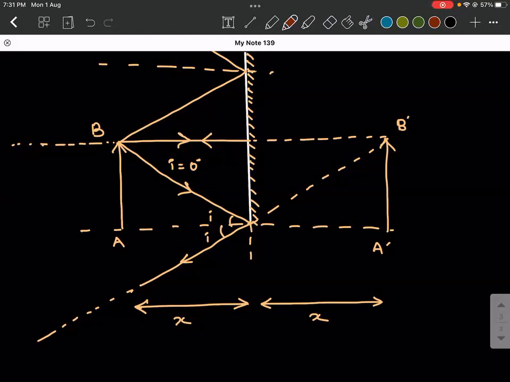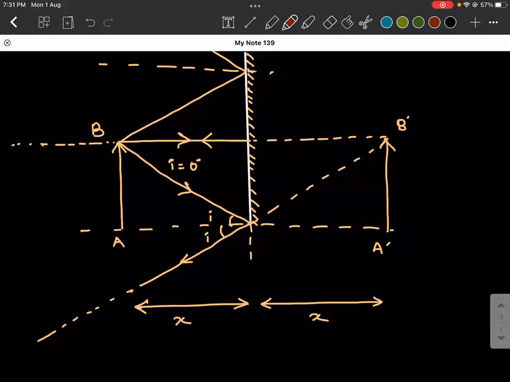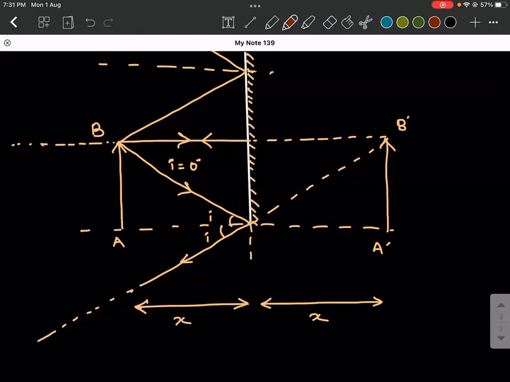Remember, real images are always inverted, virtual images are always erect.